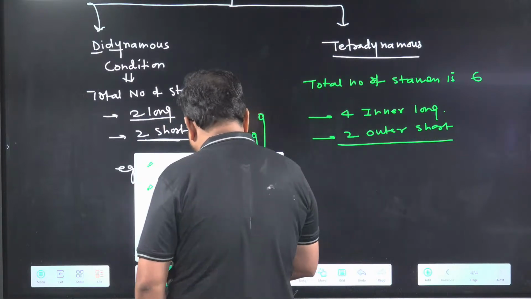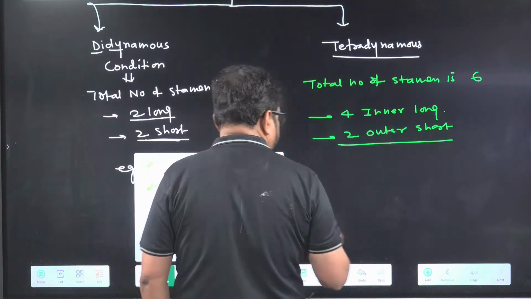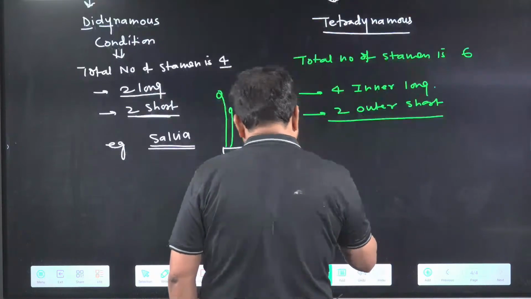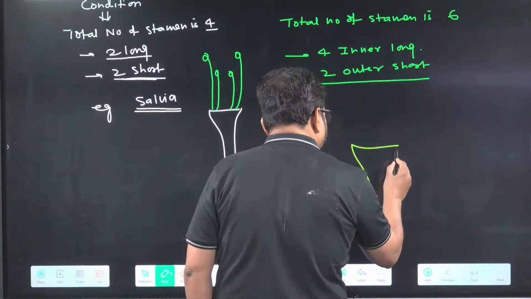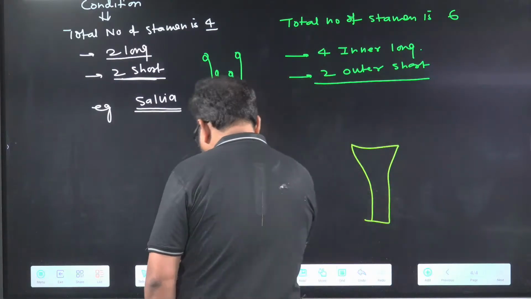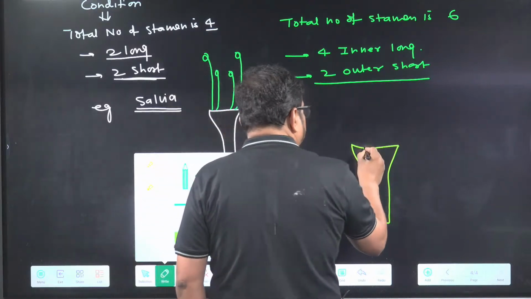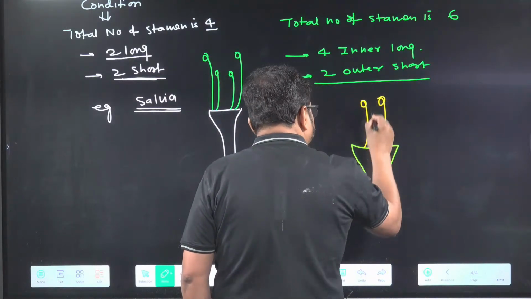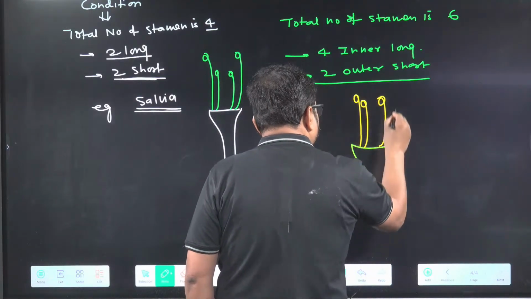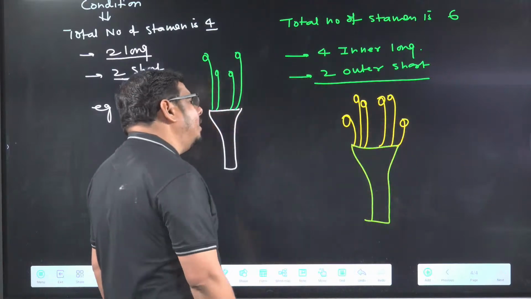Let me draw the diagram of tetradynamous. Suppose that this one is the thalamus. It is the pedicel and I am drawing the stamens. Tetradynamous condition. Look here. So here 1, 2, 3, 4, 1, 2.